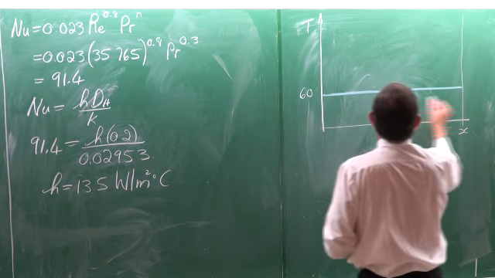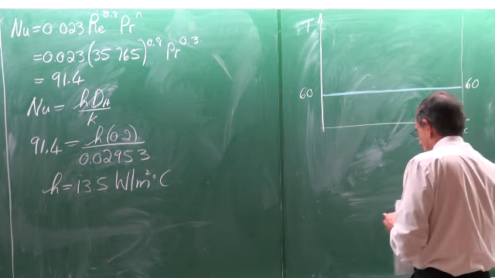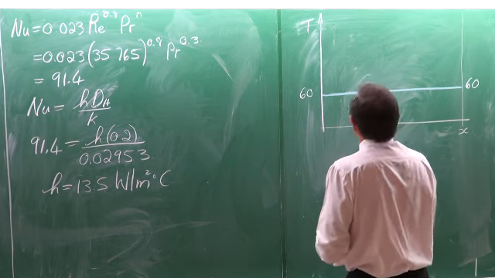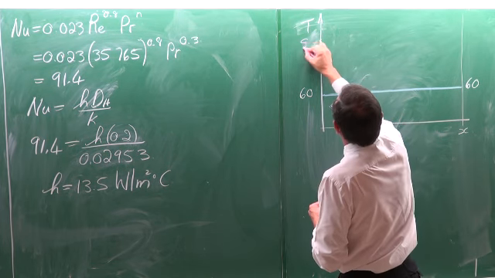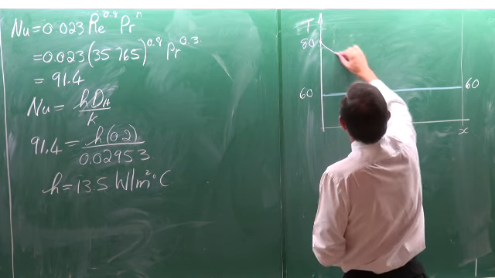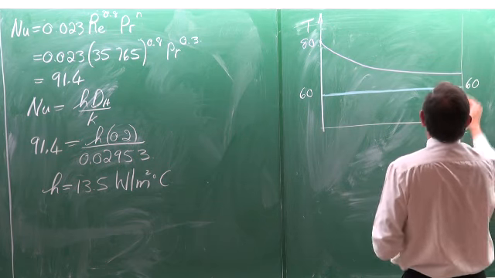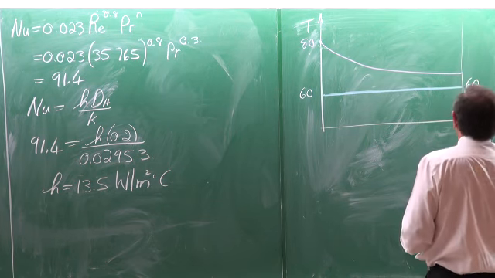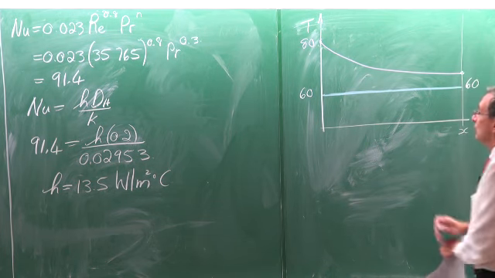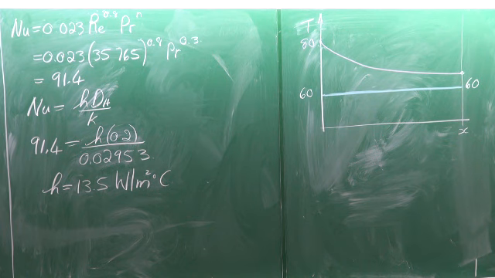So there's 60 and there is 60. Well, the air is going to enter at 80 degrees Celsius and the temperature is going to decrease like that. We don't know this value yet, but we need to calculate it.